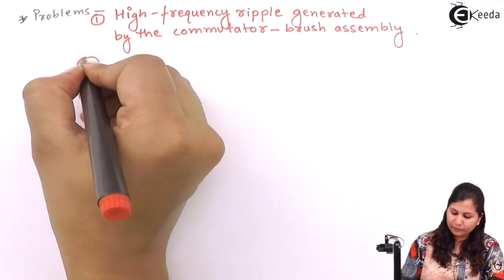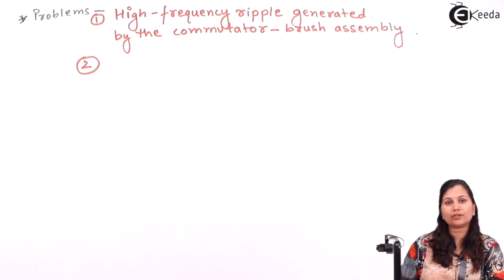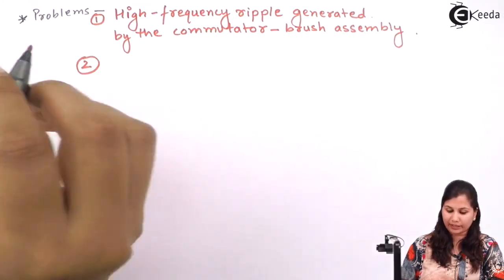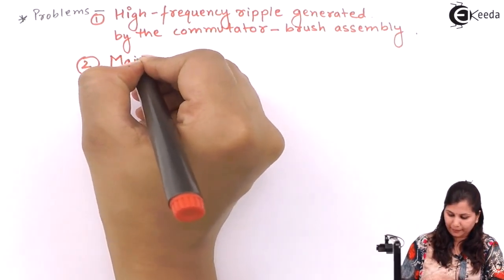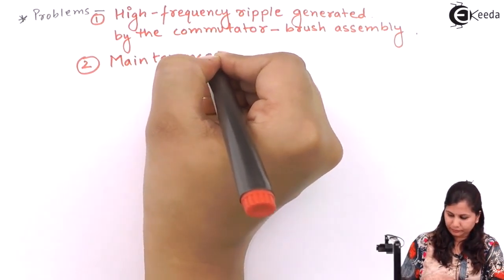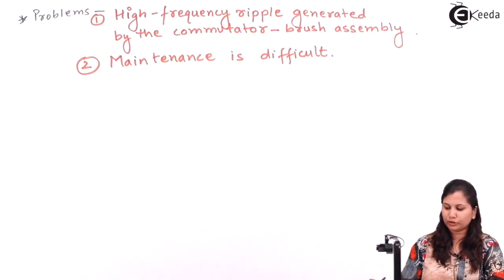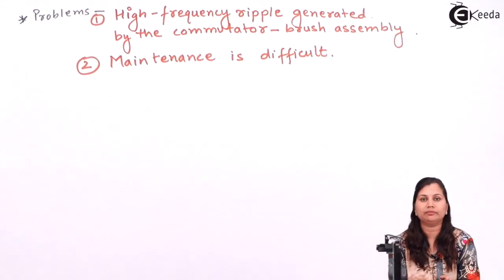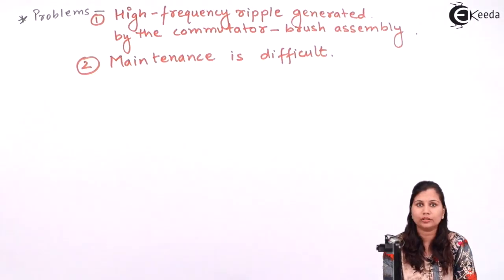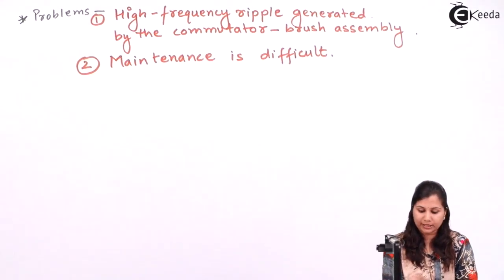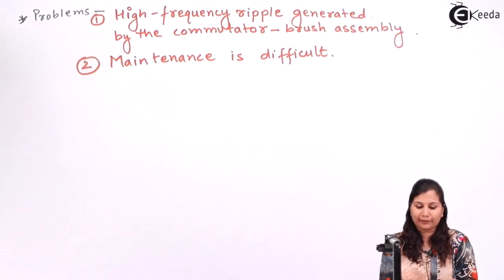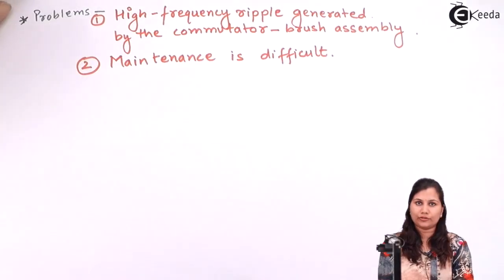The second problem is that the maintenance of the DC tacho generator is very difficult. So these are the problems encountered while using the DC tacho generators. Now let's study the second type of tacho generators, the AC tacho generator.